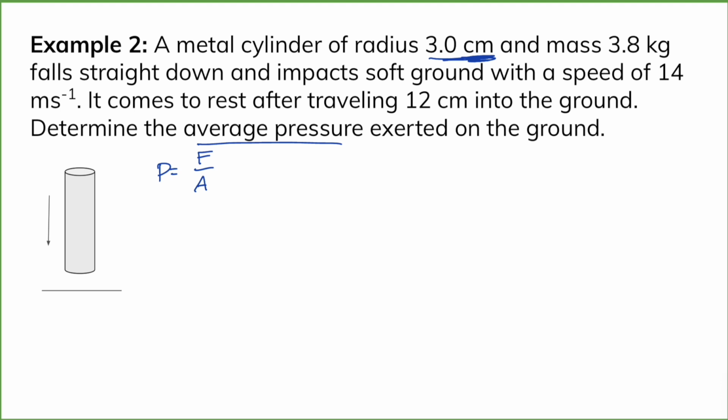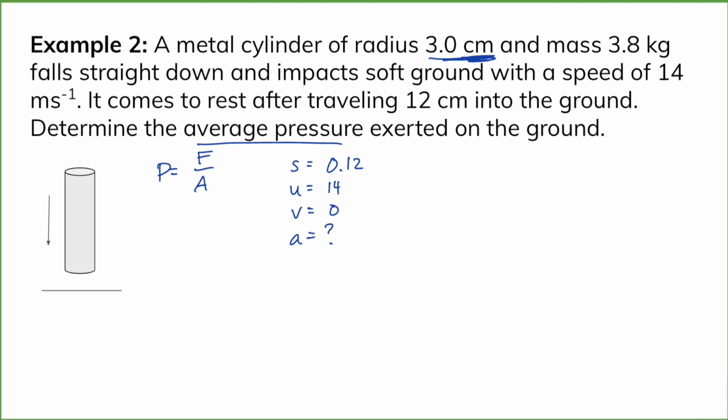So the object travels a distance of 12 centimeters. And so I'm going to write that as S, and I'm going to say that's 0.12 meters. Its initial velocity is 14. Its final velocity is 0. And the acceleration, that's what I'm after.